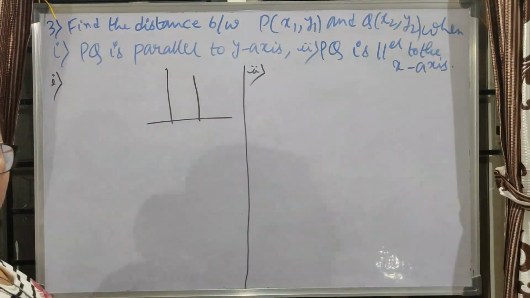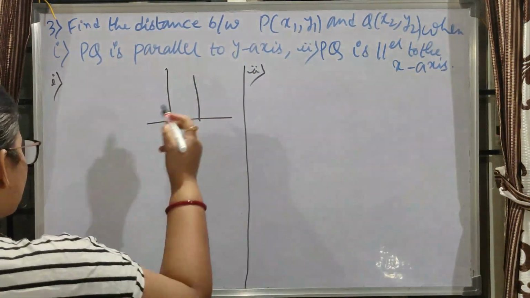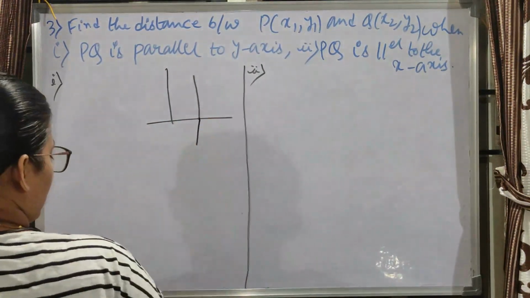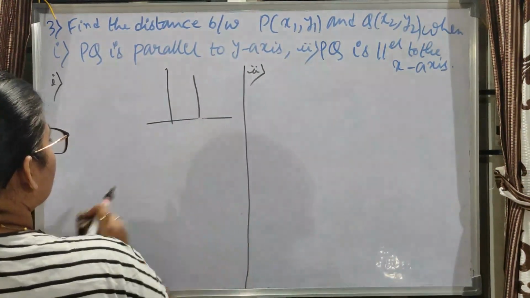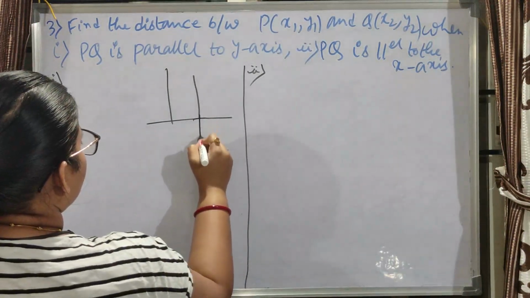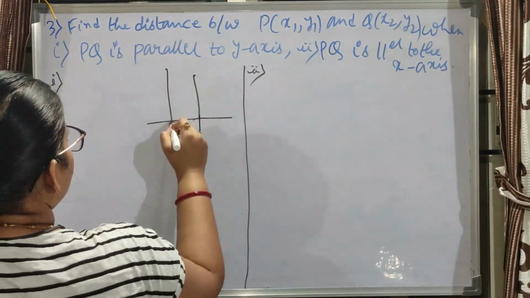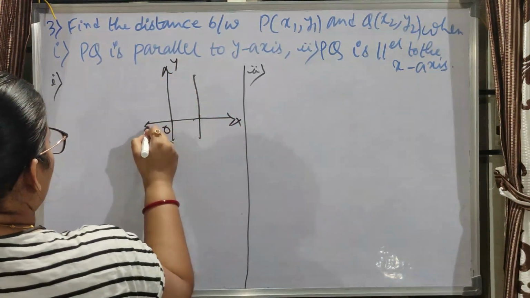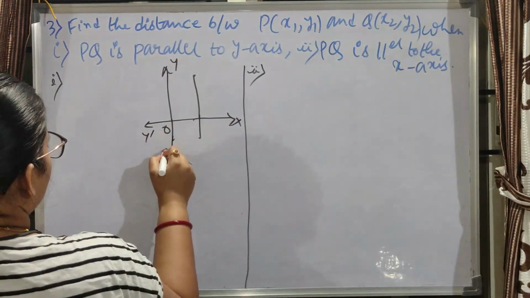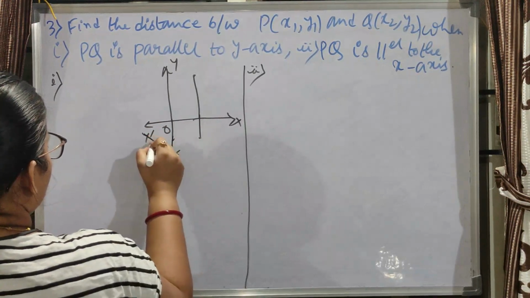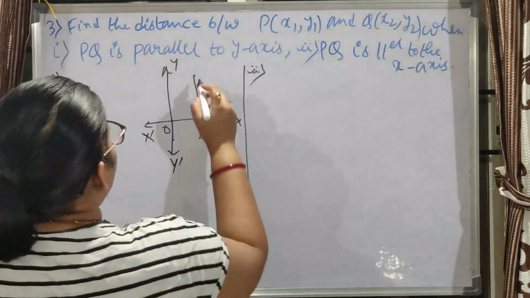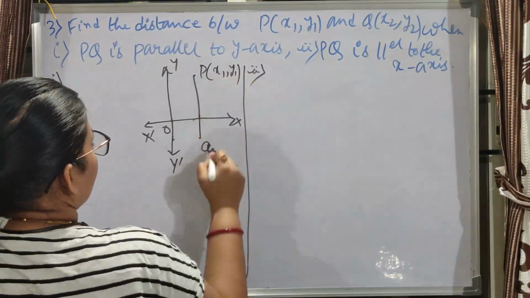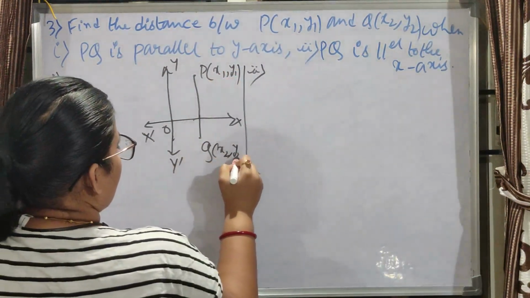Basically, it is not necessarily touching the axis because it can be extended, because we have been given the coordinates as x1, y1 and x2, y2. They are not telling us whether it lies on the x-axis or the y-axis. So here P, here Q.